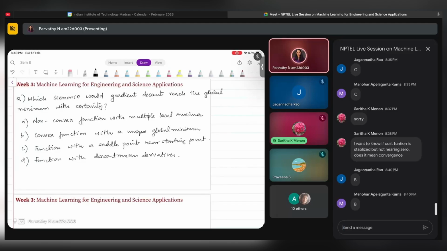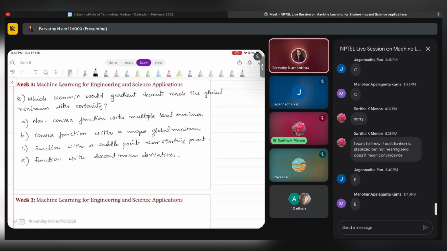Yeah, so for the question, if the cost function is stabilized, then for a certain number of iterations the cost function will not change.